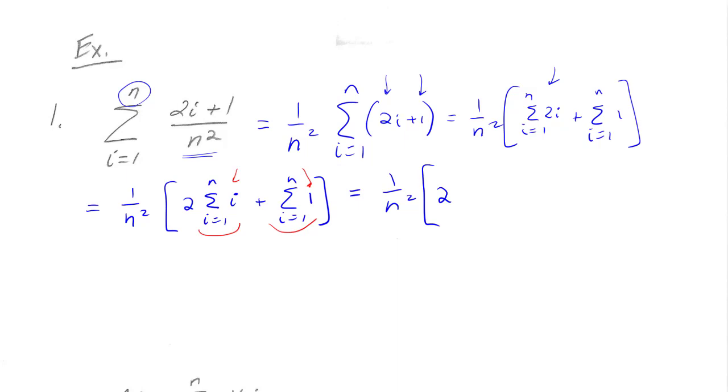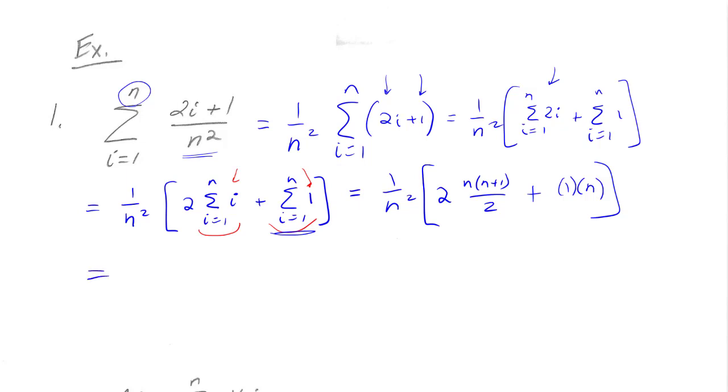Summing 1 to n of i should just give us n times n plus 1 over 2. And then summing on this one, summing 1, that's summing a constant. That should really just be 1 times n, c times n. All right, summations are now gone. We were able to use those formulas to get rid of the summations.